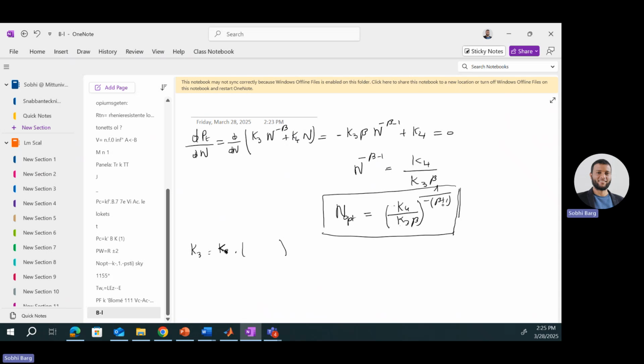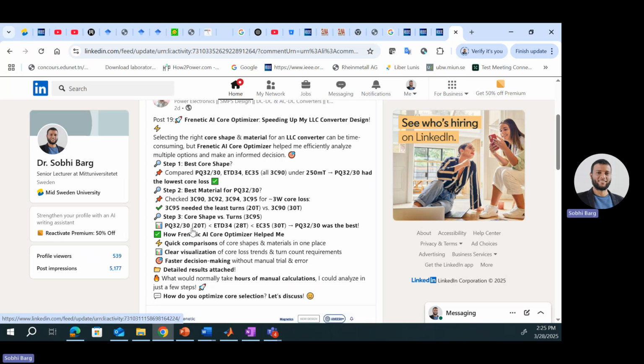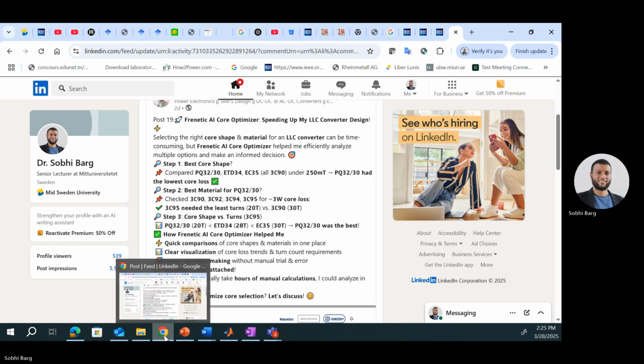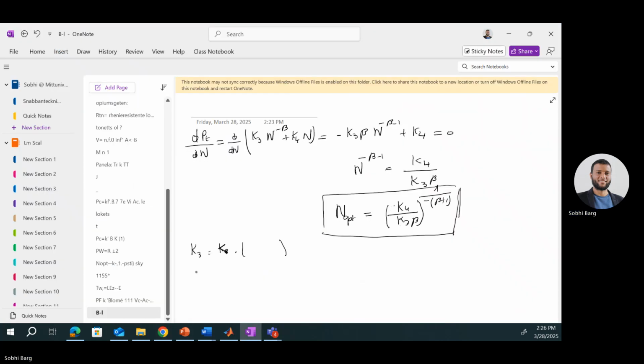So the results that have been shared by Anish show that for 3C95 he found 20 turns, and for 3C90 he found 30 turns. So N opt for 3C95 is equal to 20 turns, and N opt for 3C90 is equal to 30 turns. These are optimization results given by the Frenetic Core Optimizer.